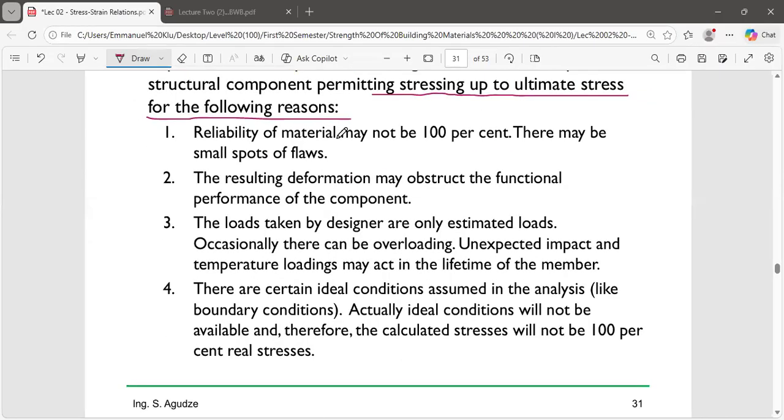One, reliability of material may not be 100%. There may be small spots of flaws. That is why even we human beings sometimes make mistakes. The machines or equipment we use each and every day also make mistakes.